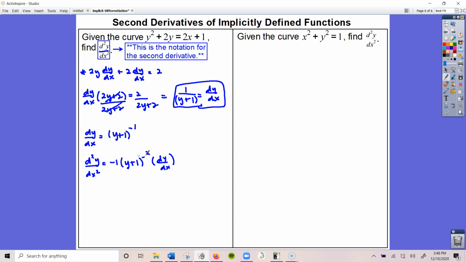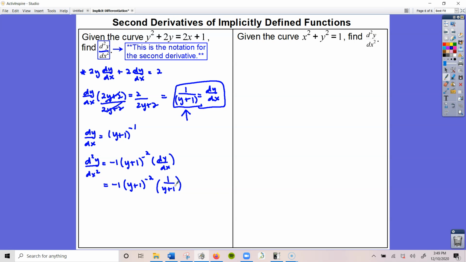Because the second derivative has this part here, which is dy dx, what we can do now is substitute the dy dx with 1 over y plus 1. So I'm going to start this again. We have negative 1 times y plus 1 raised to the negative 2 times 1 over y plus 1.